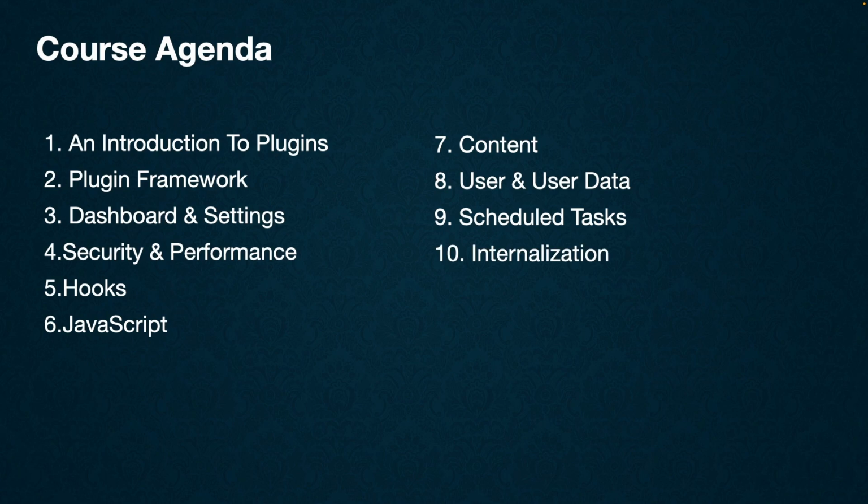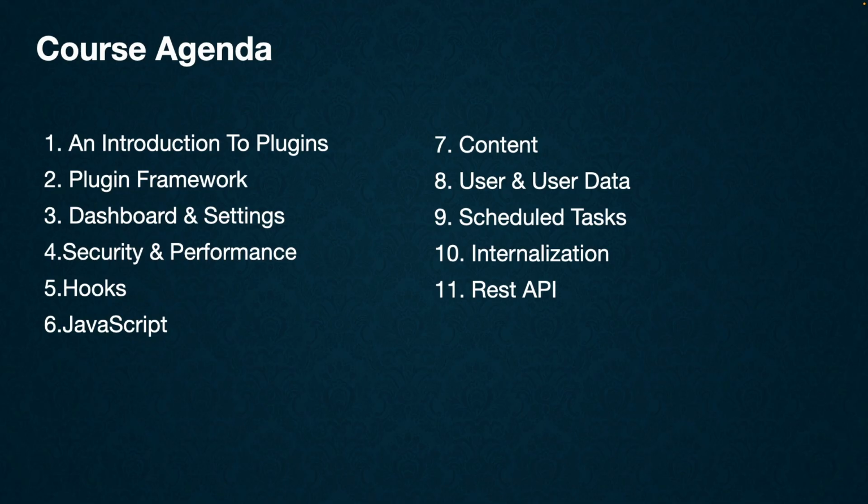And in the internationalization section, we will learn how to create or give support for multiple languages for multiple countries. And in the REST API section, we will discuss how to create and manage a REST API to connect between the frontend and the plugin.